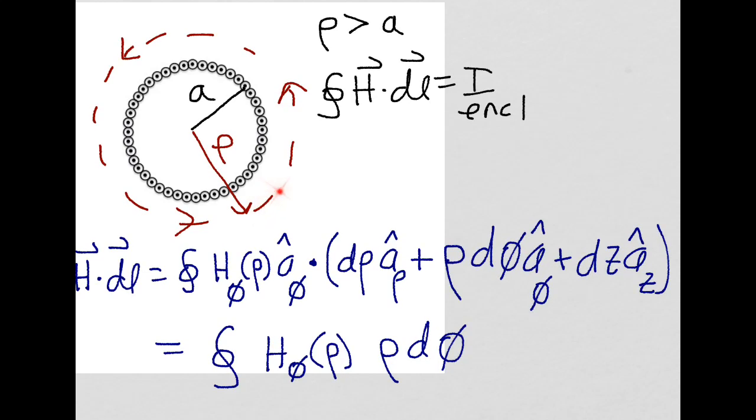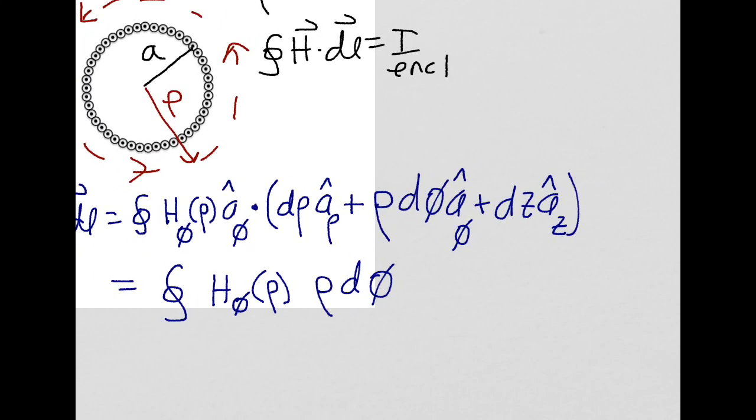doing the path integral around this Amperian loop here, rho is being held constant, and because rho is being held constant, the magnetic field intensity in the phi direction is a constant. So these two terms can be moved to the left of the integral.